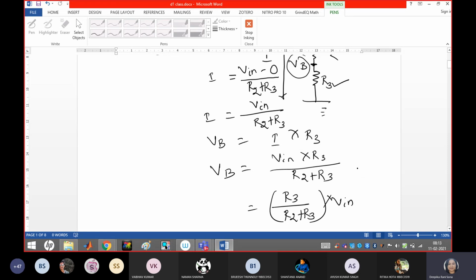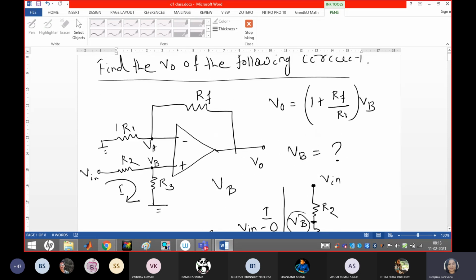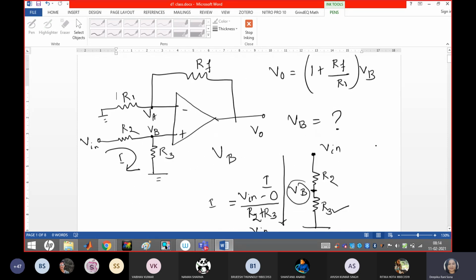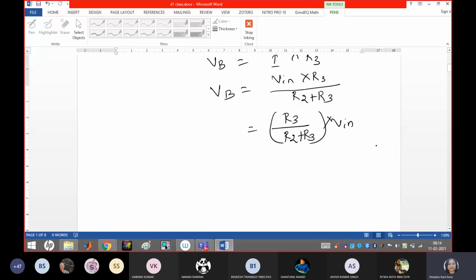Now, what is the V naught equation? We have to rewrite, no? In this equation, 1 plus RF by R1 into VB. Now, what is the VB value? R3 into V in divided by R2 plus R3, or V in into R3 divided by R2 plus R3, whole into 1 plus RF by R1. So I will rearrange the equation.